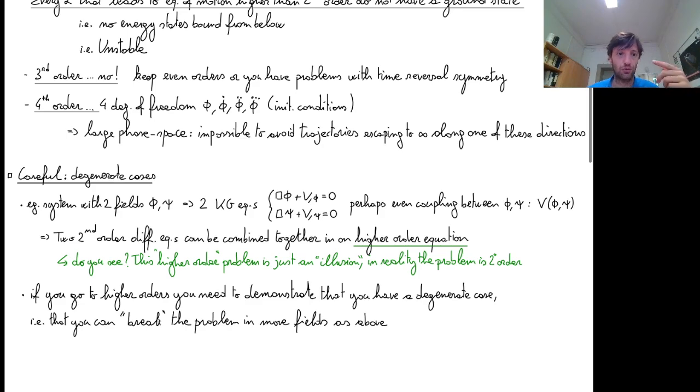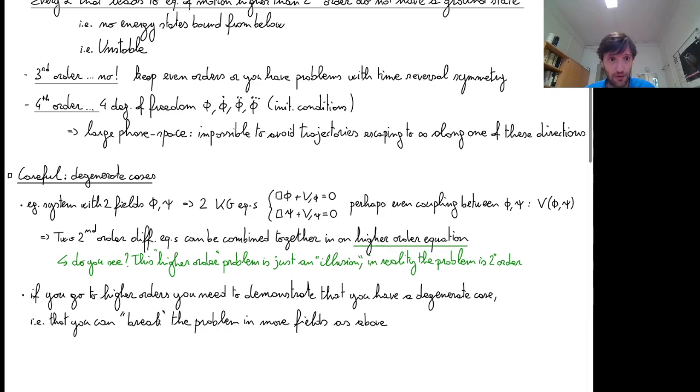To show that, it's easier to do the process the other way around, meaning we can start with a theory based on two fields. You see, we can introduce as many fields as we want in our theory. It could also be one complex field, which would be equivalent to two real fields. Anyway, let's start with these two linear fields, phi and phi.